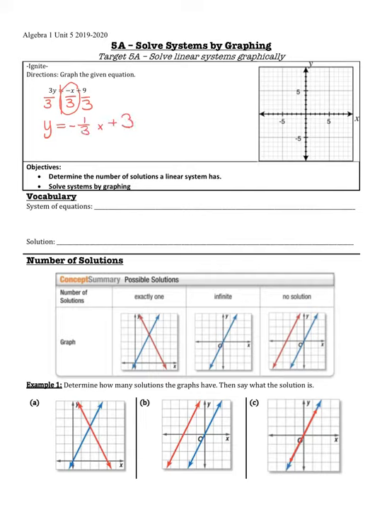So now it's in the form I like. I can now graph that starting with the y-intercept at 3, and I'll go down 1 and over 3. Down 1, 1, 2, 3. Now I'm going to do one more, so down 1 and over 3. And go ahead and connect my points with arrows on the end.